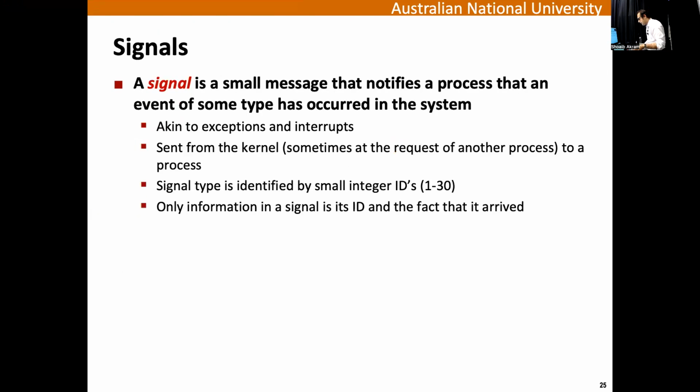the signals are a mechanism. It's a small message that notifies the process. I want to refresh your memory. If you think about when something goes wrong in the CPU, in hardware, there is a divide by zero exception, an exception handler runs, or you're trying to access an invalid memory address because your pointer arithmetic is somehow flawed.